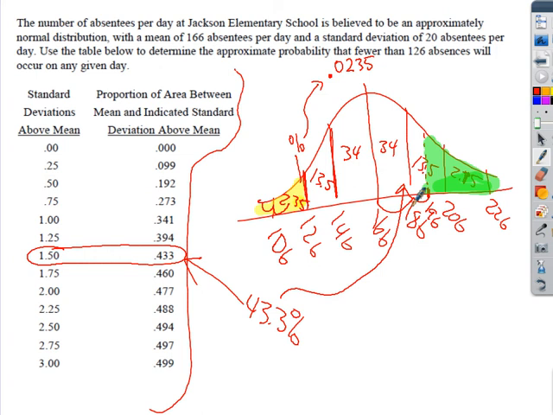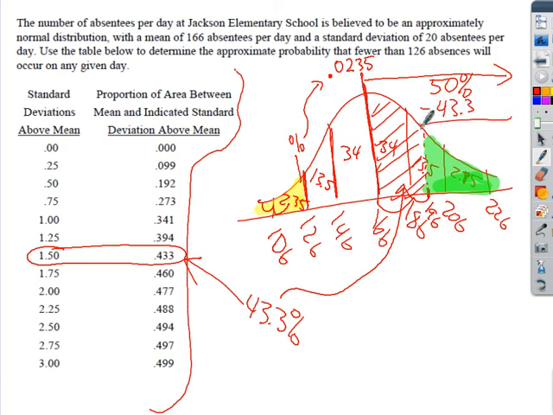At the mean, what's the chance that it's going to be to the right of the mean? That's 50%, half of it. If 43.3% is over here, then you just do a little subtraction and get 6.7% over here, or 0.067, and that's where you'll find your answer.